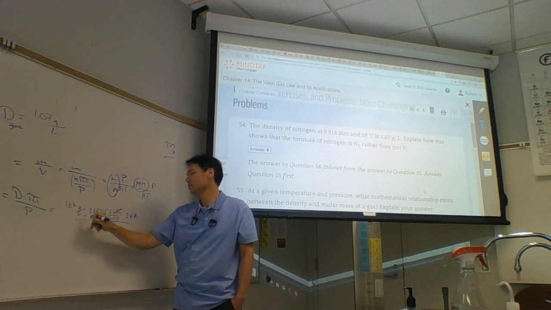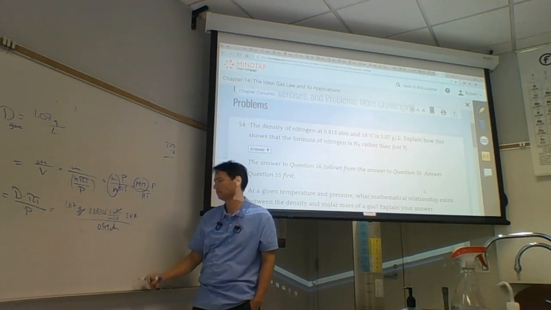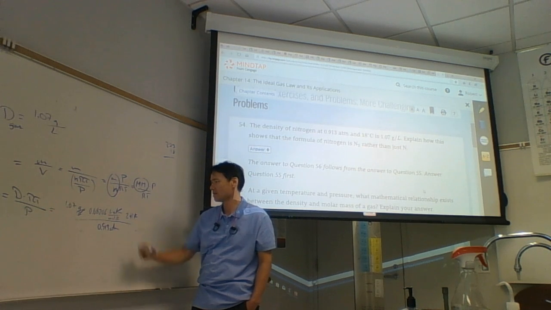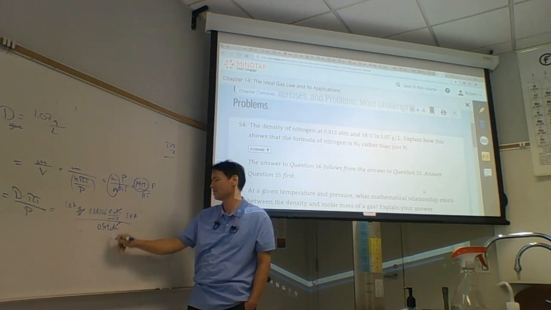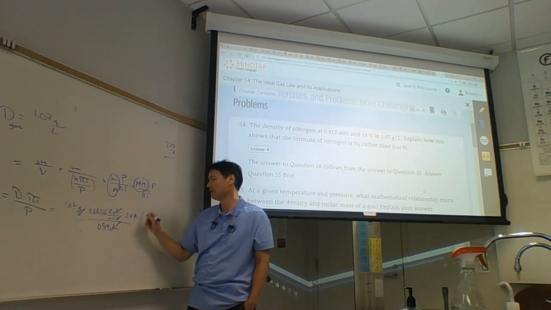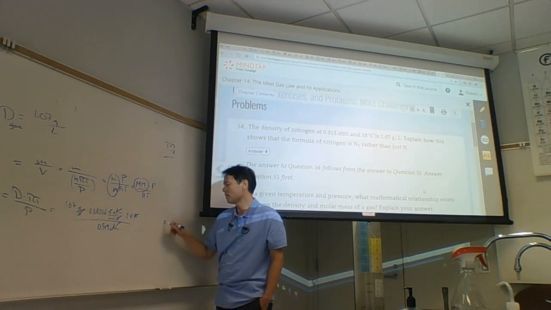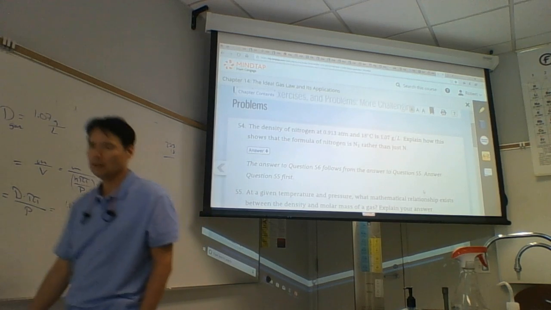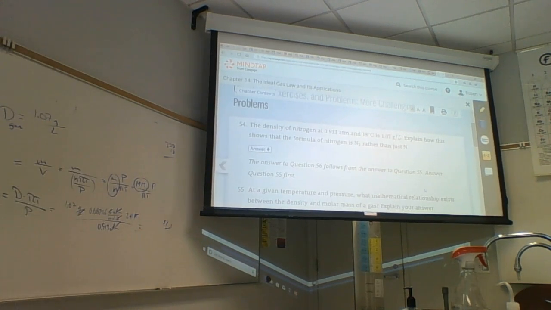It's just making sure the units cancel. Liters cancel out liters, atmospheres cancel out atmospheres, Kelvin cancels out Kelvin. The units I'm left with are grams per mole. So calculate the grams per mole.